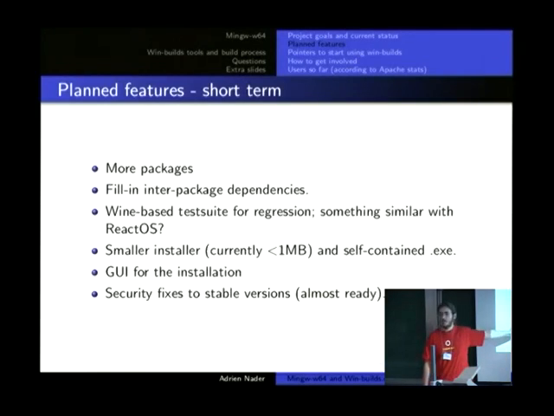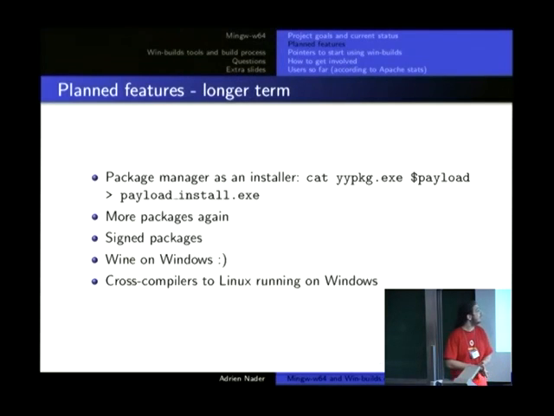I haven't mentioned it, but I really want to get security fixes for libraries on Windows in an efficient manner. I'm still not sure how to do it efficiently, or for which people. Longer term, more packages, and I'd like to include the package manager inside installers directly.